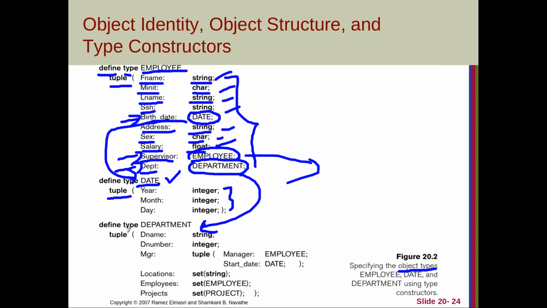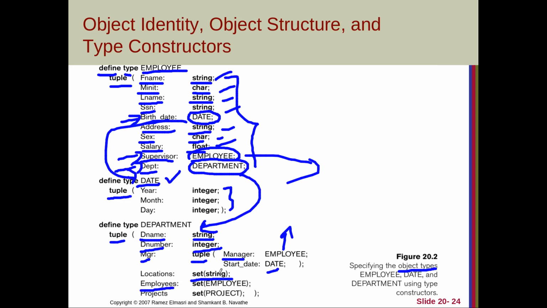Now department, define type Department, which is also a tuple: department name string, department number integer, manager, which is again a tuple, open bracket, the same format we are following, manager colon, then a user-defined type, start date, DATE, another user-defined type, then close bracket, semicolon. So one element within this department is again a further tuple, following a tuple type constructor.